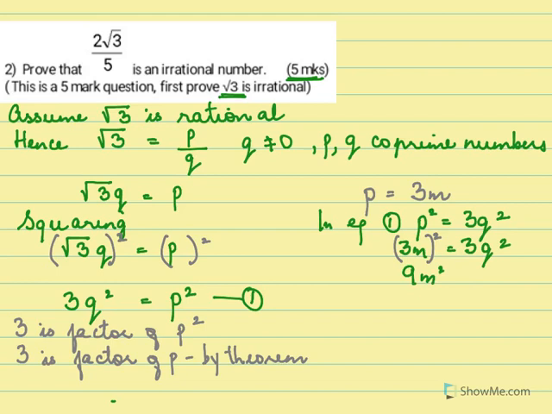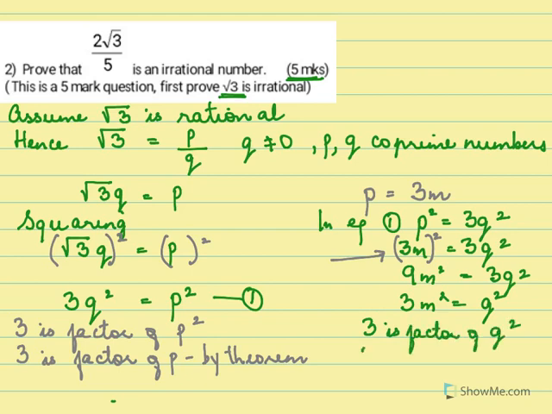So 9m square equal to 3Q square. Taking 3 common out, we get 3m square equal to Q square. Hope you have understood how we got this part. For P, I have put 3m.